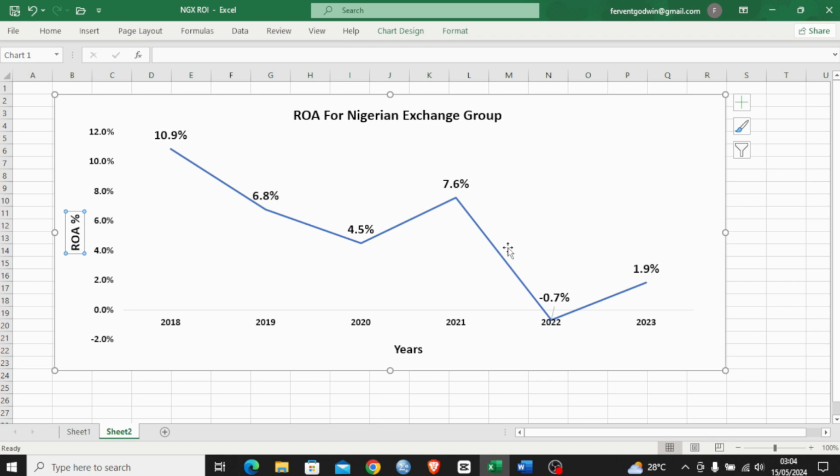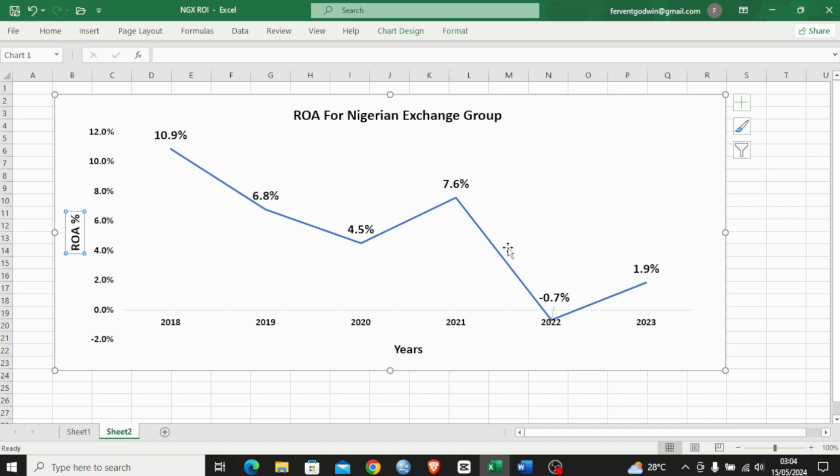Real quick, we'll be scanning through the return on assets for the Nigerian Exchange Group. A brief introduction: though the name might sound strange, it's something you've actually been hearing of over time.